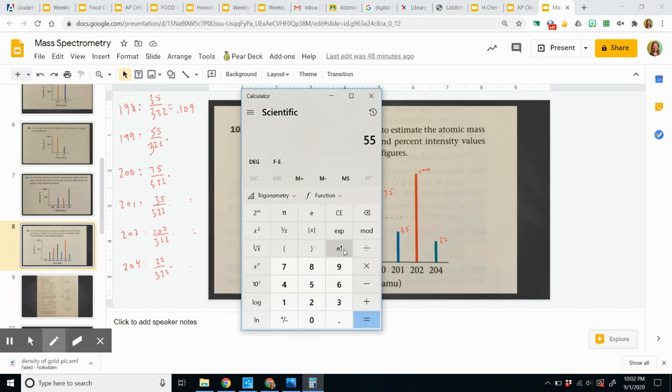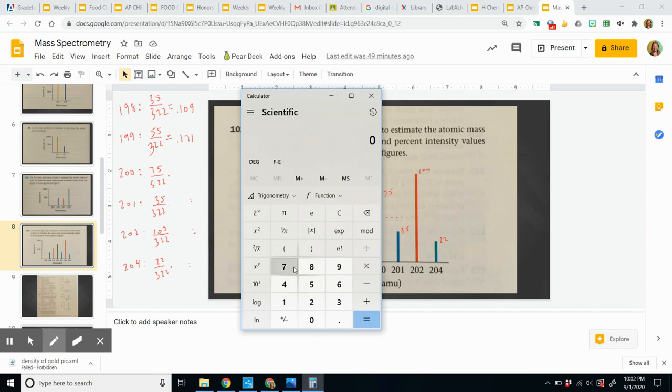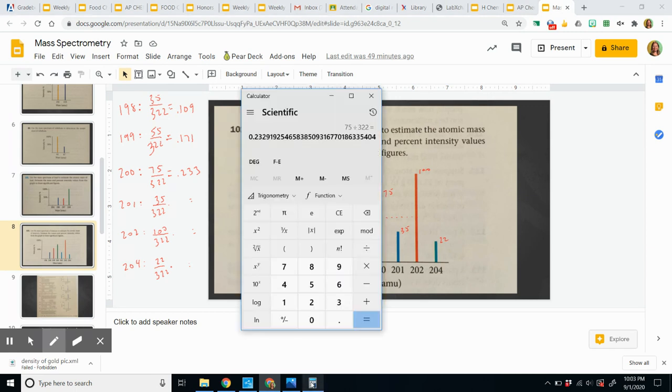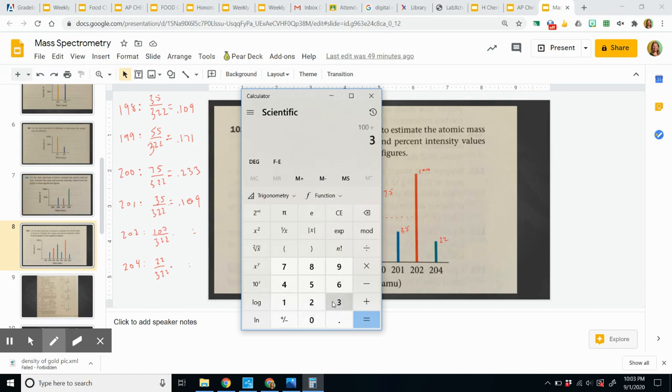Then we have 55 divided by 322. 0.171. Okay, clear. 75 divided by 322. 0.233. 35 divided by 322. 0.109. 100 divided by 322. 0.311.